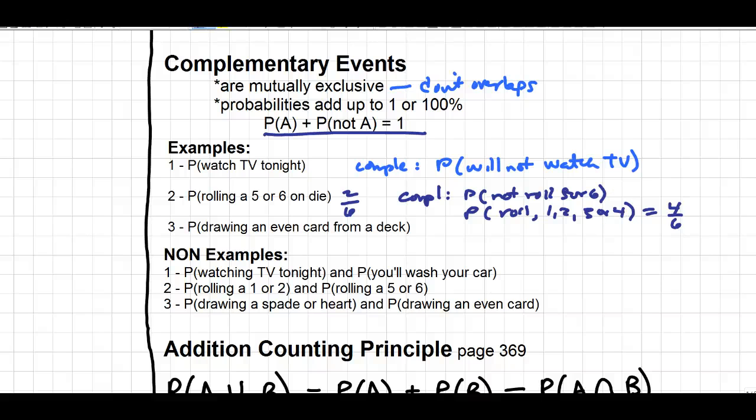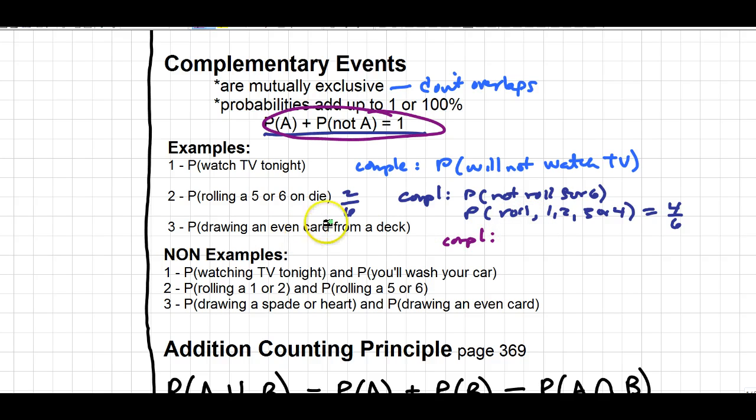Let's do one more mathematical example. Probability of drawing an even card from the deck. The complement to that would be, in terms of the definition, we would say the probability of drawing a non-even card from the deck. But let's make that a little bit more specific.